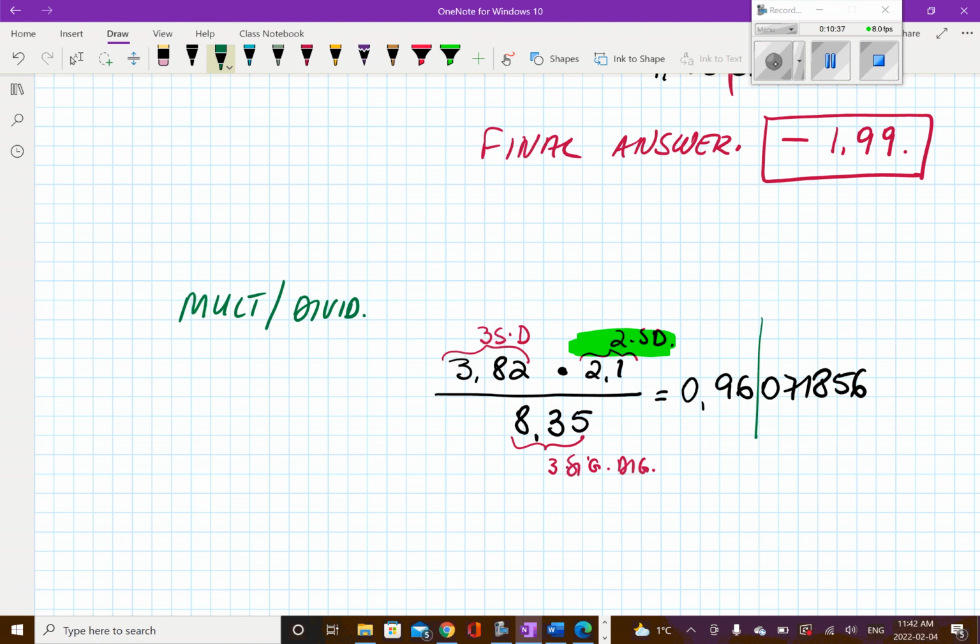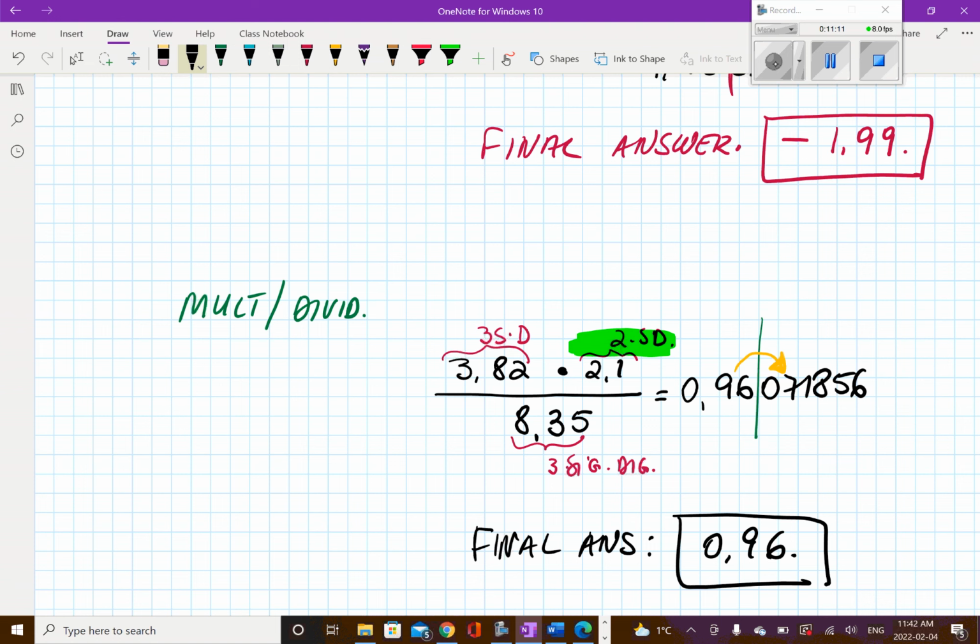Since leading zeros are not counted, we have to stop at 6. Then we take a look at the digit that is left out. If it is greater than or equal to 5, then we round up. If it is less than 5, then we keep it as it is. So the final answer will be 0.96, and whatever units we are dealing with.